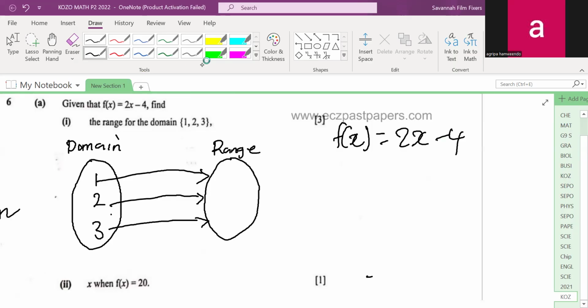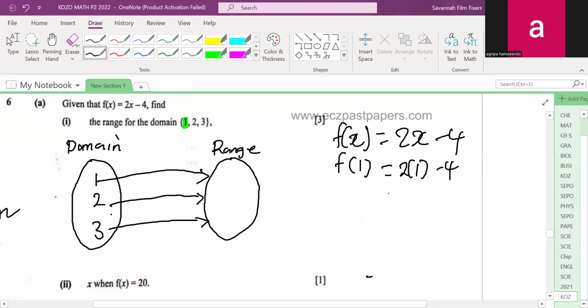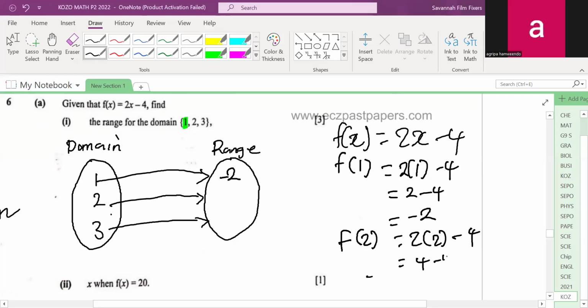So the first thing here, we're saying if we plug in 1, what image are we going to get? If we plug in 1 here, we're going to get -2, right? Then if we plug in 2, we're going to get 0, right?